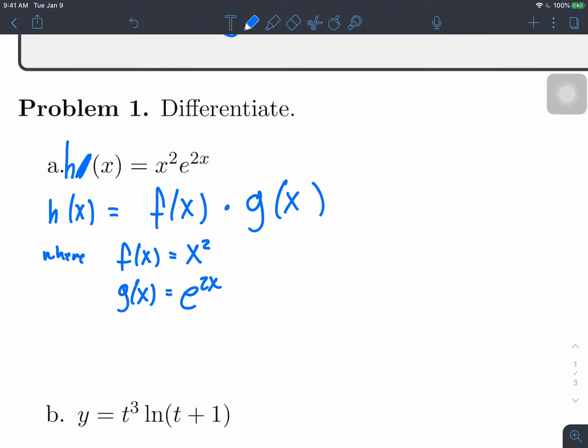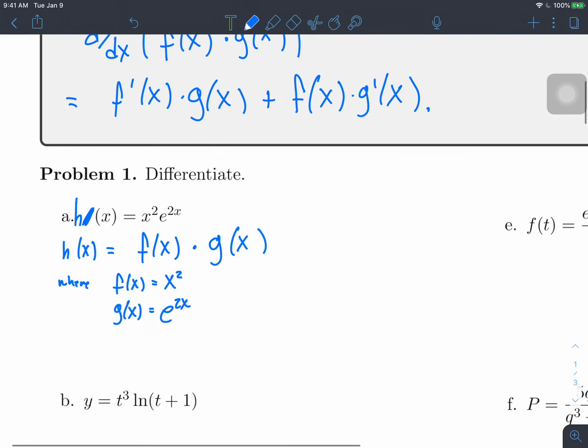Much like before, if we want to use the product rule here, we got to figure out what f prime and g prime are going to be. And then we're going to have our little blue box pantry thing, and we just use the pieces of it to plug into our formula.